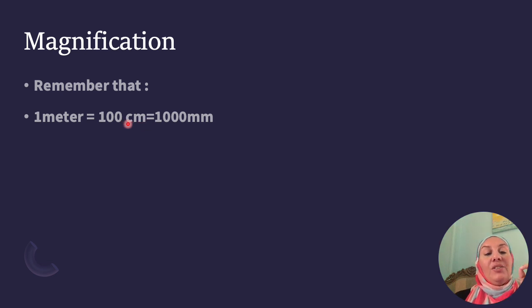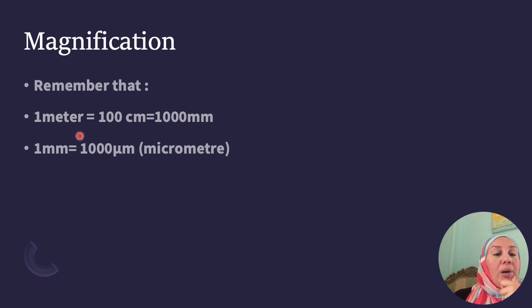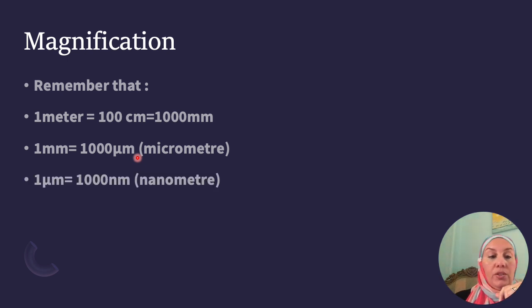And each centimeter is made up of 10 millimeters. So a meter contains 1,000 millimeters. Now, if we chop up a millimeter into 1,000 pieces, we get 1,000 smaller units that we're going to call micrometers. So a millimeter is made up of 1,000 micrometers.